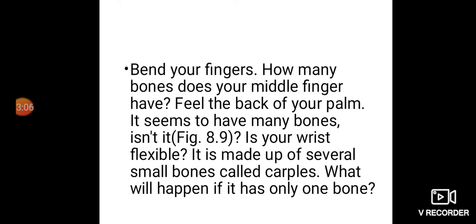Are you able to bend your fingers flexibly? No. If it has only one bone, it is impossible. The wrist is flexible because it is made up of several small bones. What are they called? They are called carpals.